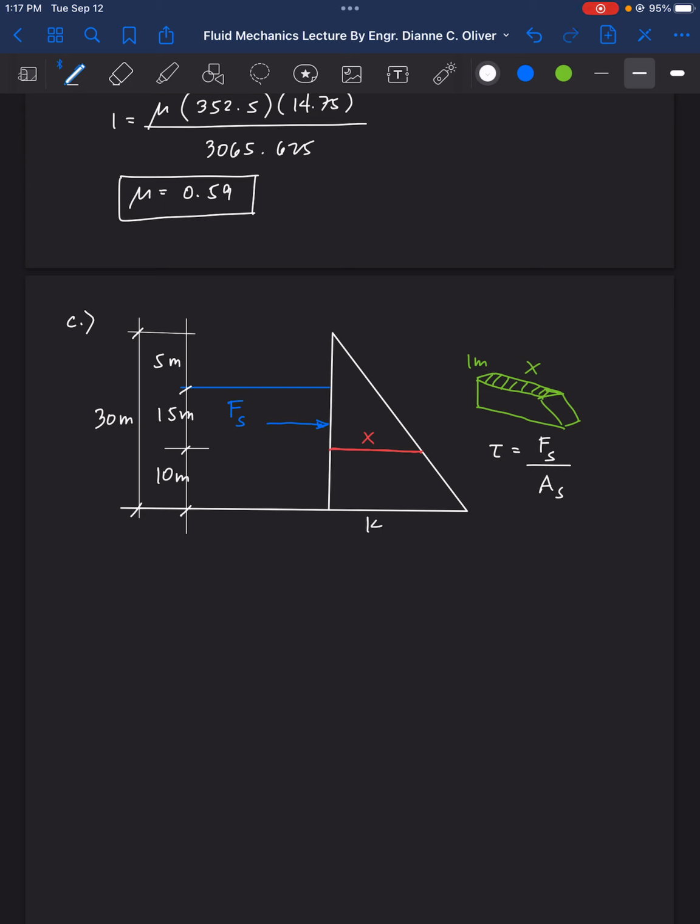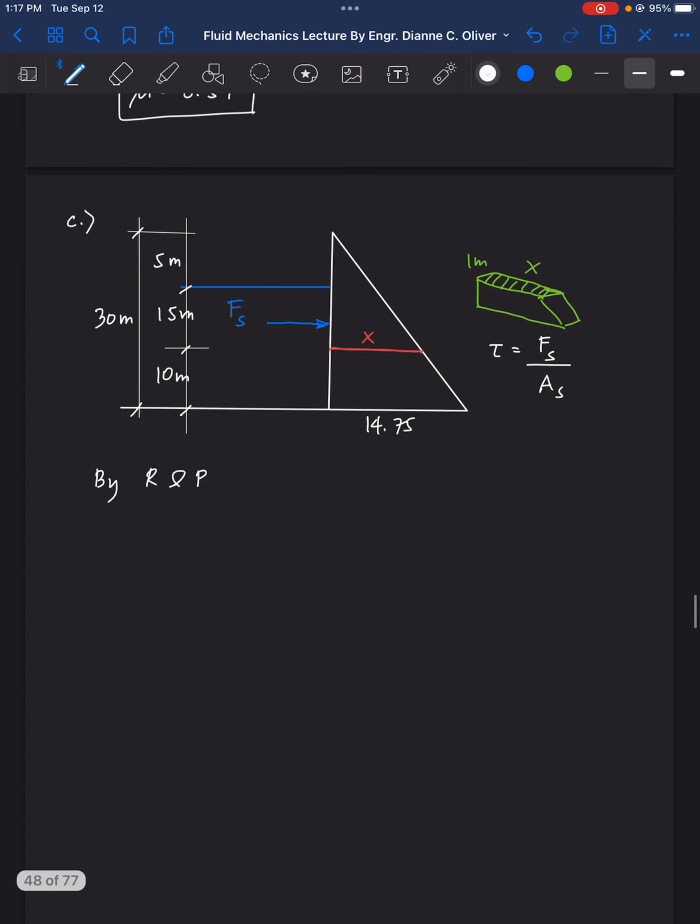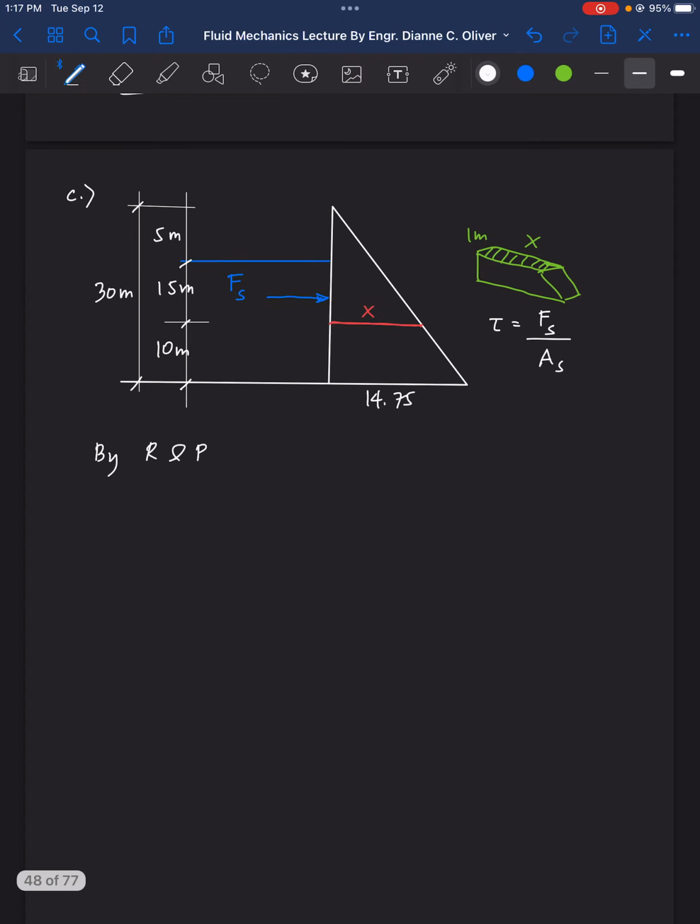So this is 14.75, just as we were able to get. So by ratio and proportion, we have here x all over 5 plus 15, the triangle here, equals the base of 14.75 over 30.